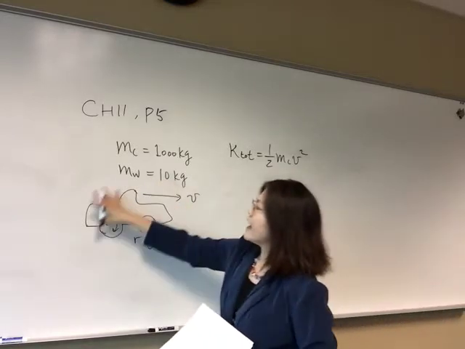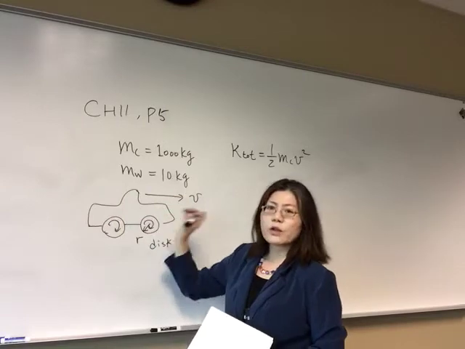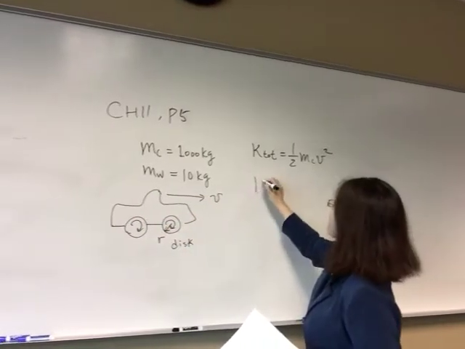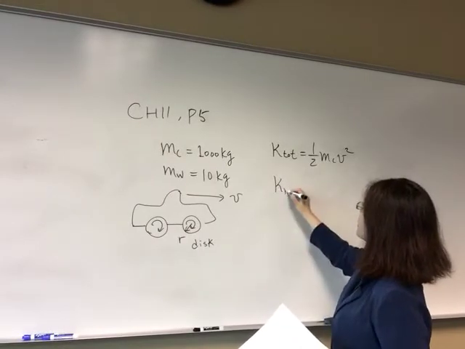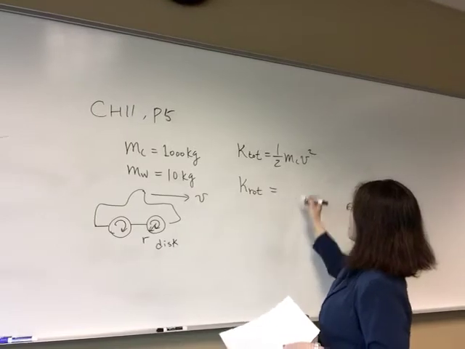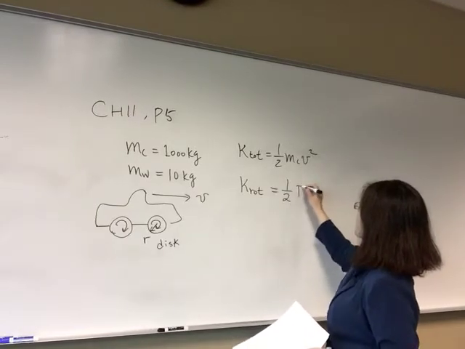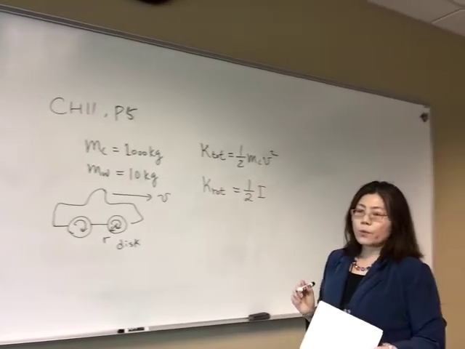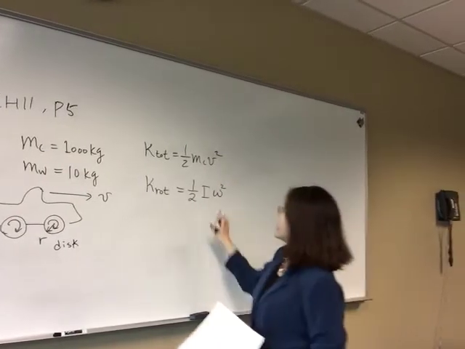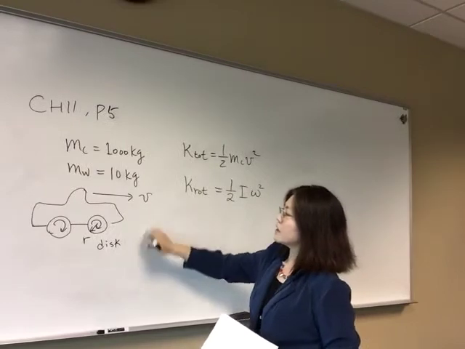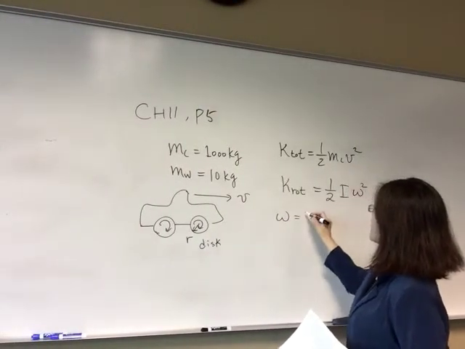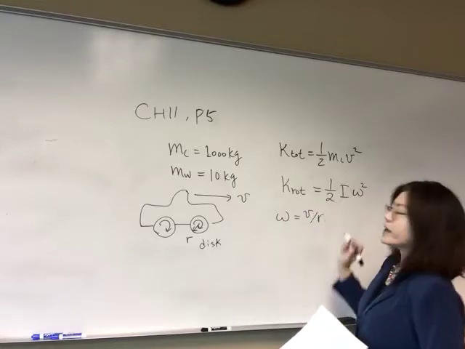Now, what is the energy associated with the rotational energy only? That's from the wheel. So the kinetic energy of just rotation for one wheel is equal to 1/2 times the rotational inertia of the wheel times omega squared. Now, what is omega in relation to velocity? Because it's moving like this, we know that omega would simply be the velocity over the radius of the wheel.